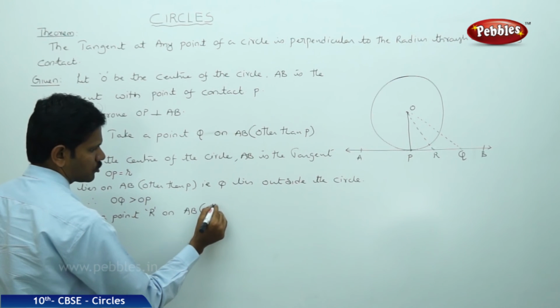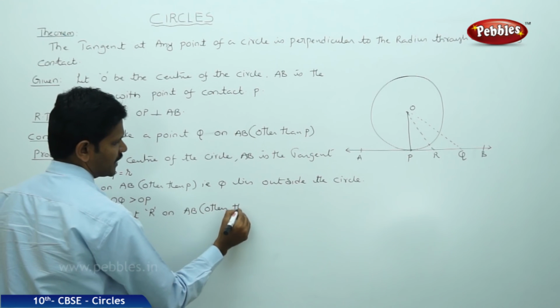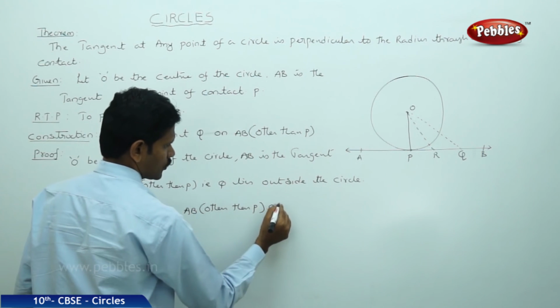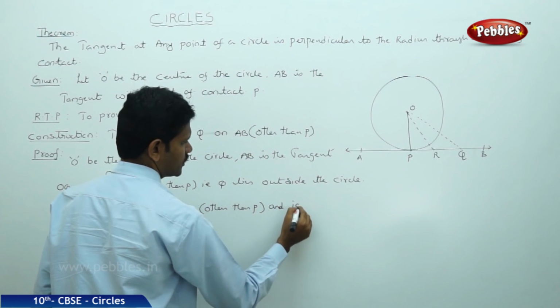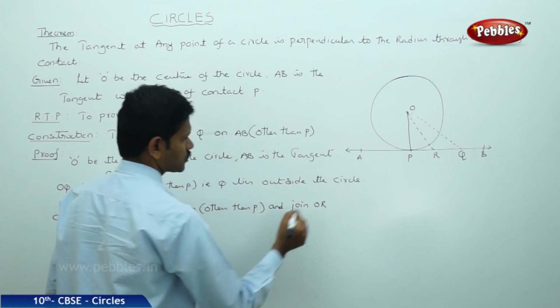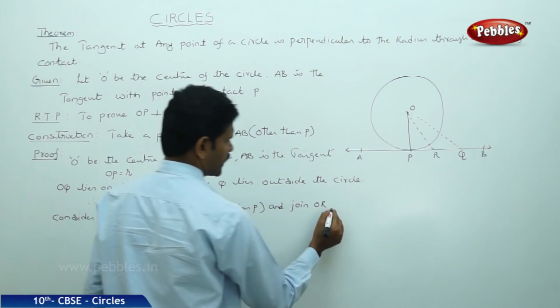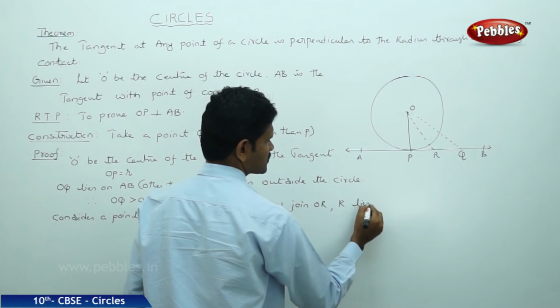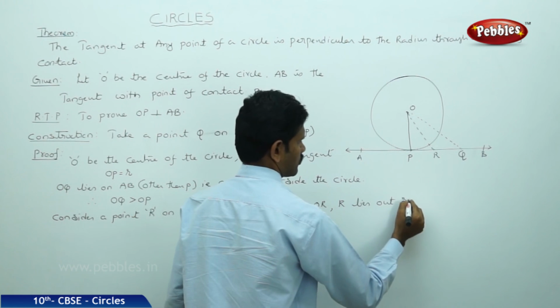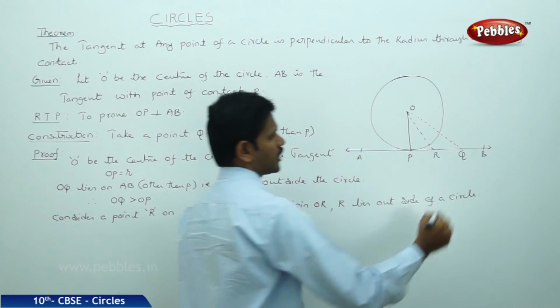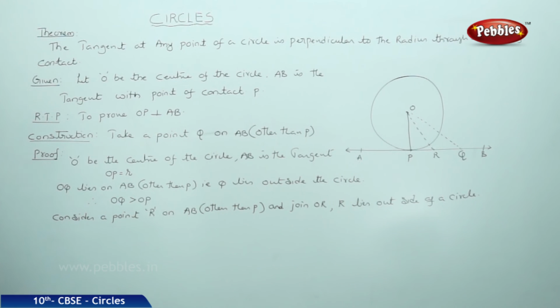It is also other than P, and join OR. Therefore, again R lies outside of the circle. Therefore, what we conclude is, again OR is greater than OP.